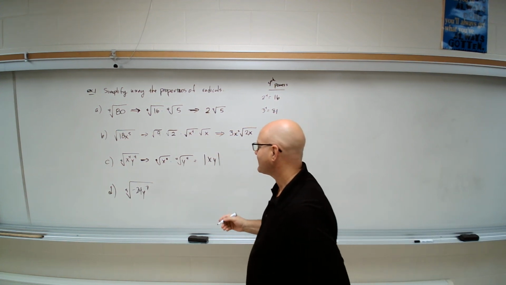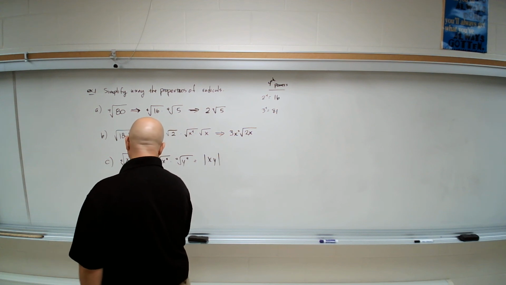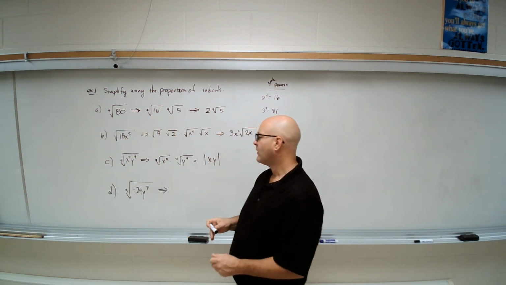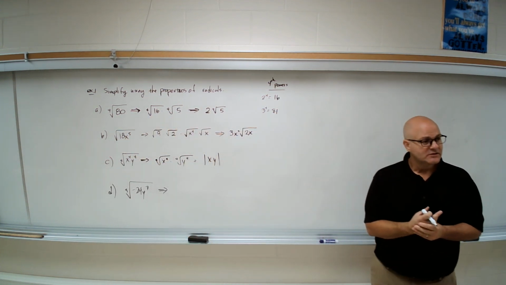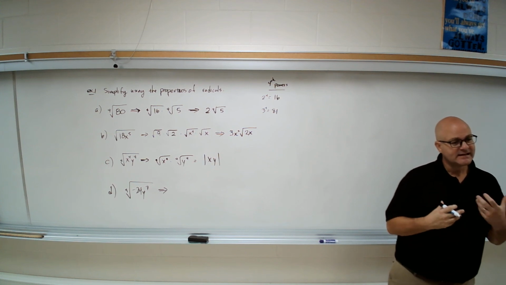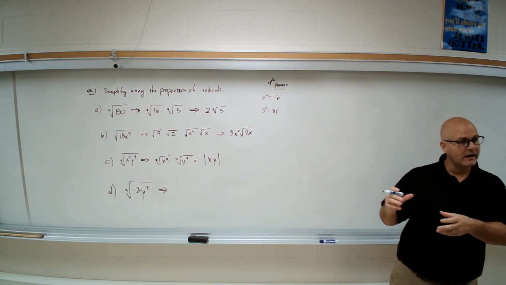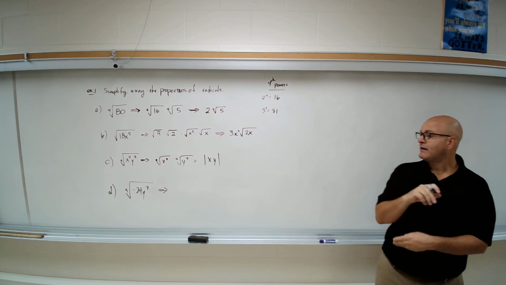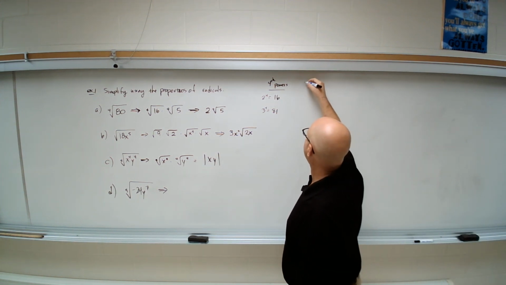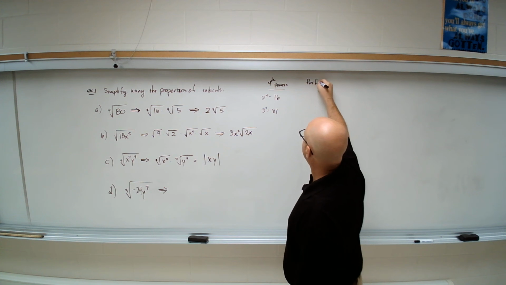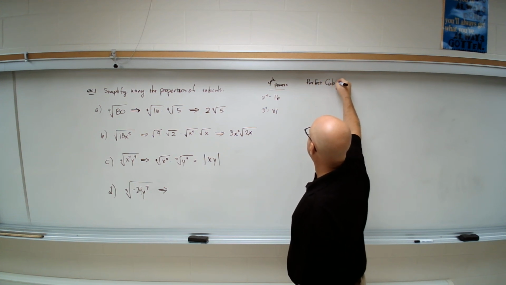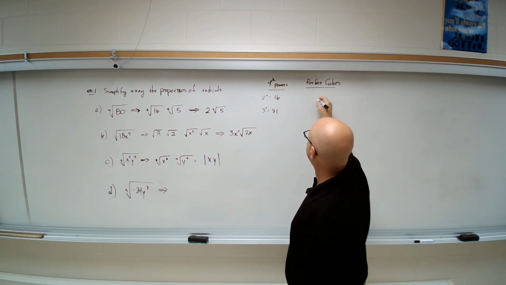And then for the last one here, we have a cube root of negative 24y to the 7th. So already I know that 3 goes into 7 2 times, right? So I'm probably going to break up a y to the 6th times y. I want to know if there are any perfect cubes or third powers that go into 24.